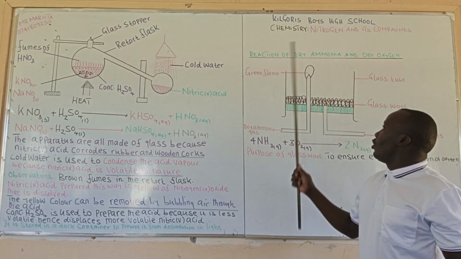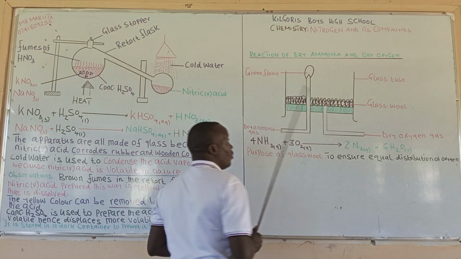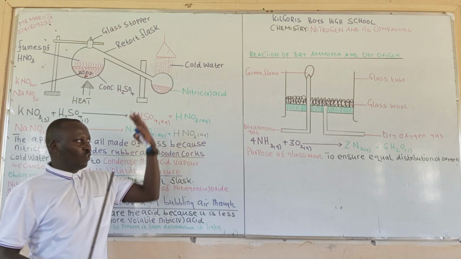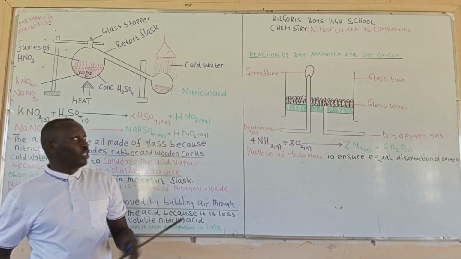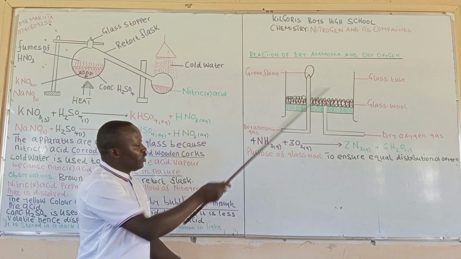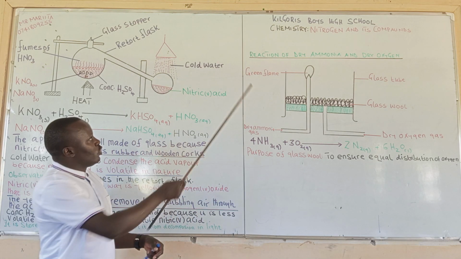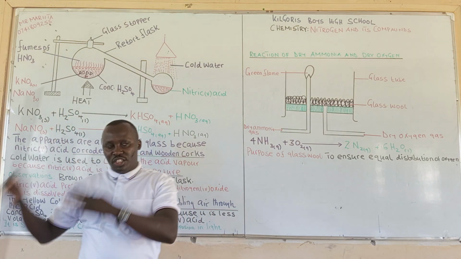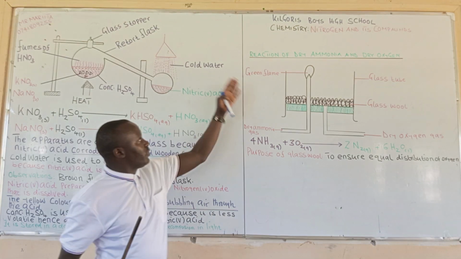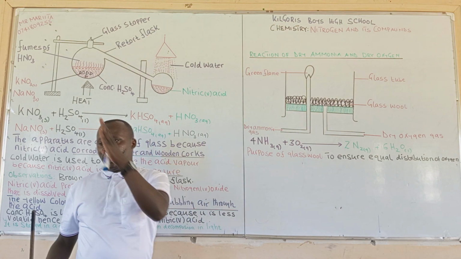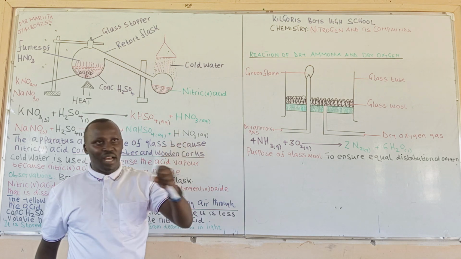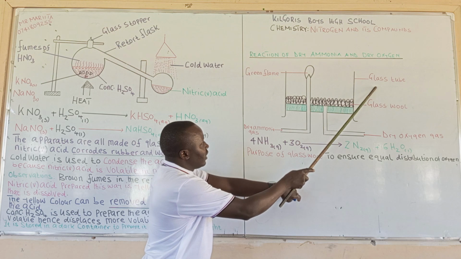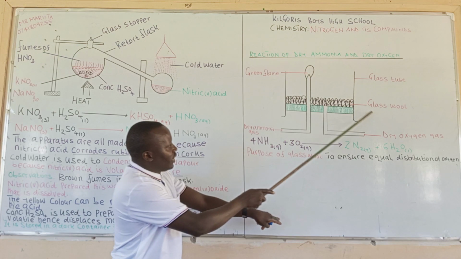So I have another part here where we have a reaction of dry ammonia gas and, of course, dry oxygen gas. As you can see from the observation, you will have a green flame. During the reaction of ammonia with oxygen, it will burn and produce a green flame. Then we have the glass tube, and we have a glass bowl.